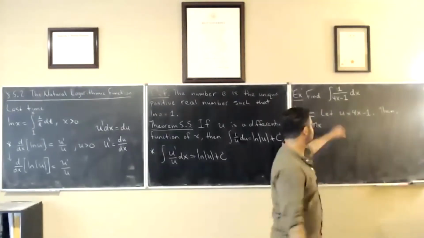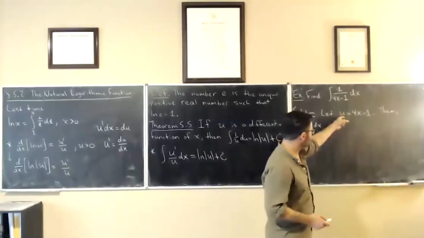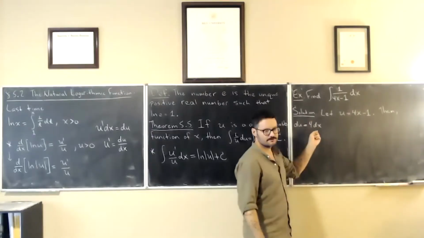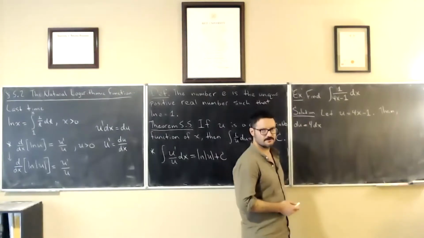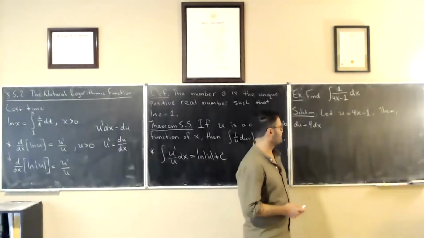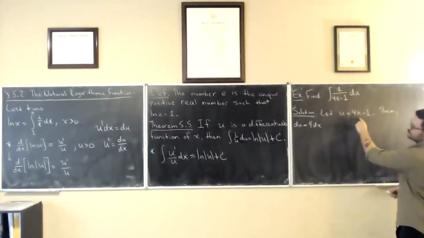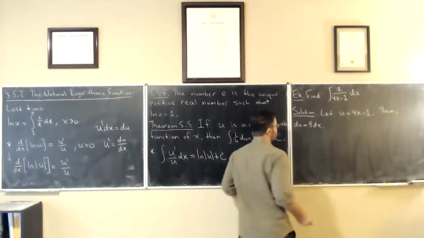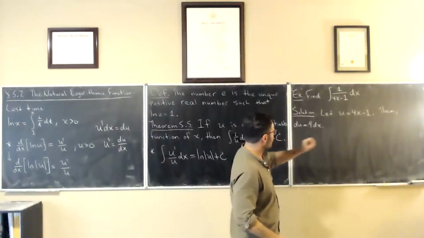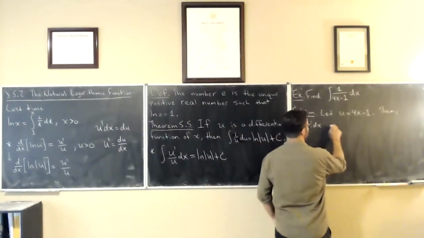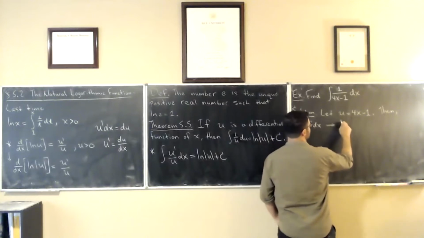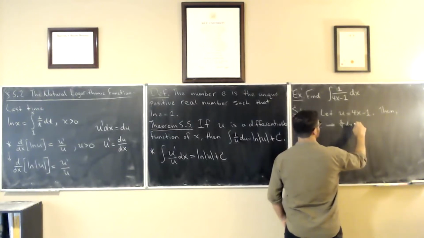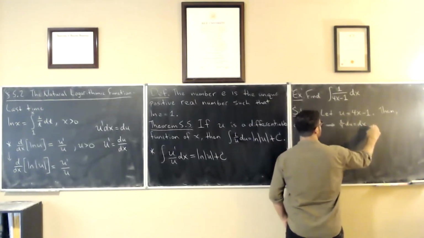Okay, so here, if we assume that u is a function of x, which if I write u this way, it is, do you agree that du is equal to 4 dx? Do you understand how I got there? Right? Because if you do du dx is equal to 4, then multiply both sides by dx in a sense. So now I notice that 1/4 of du is equal to dx.